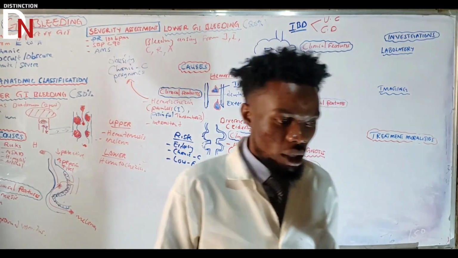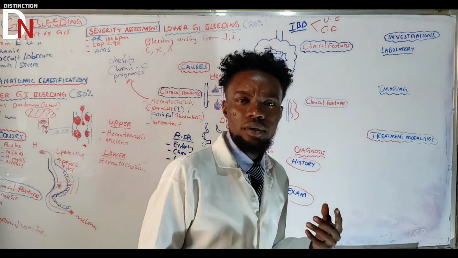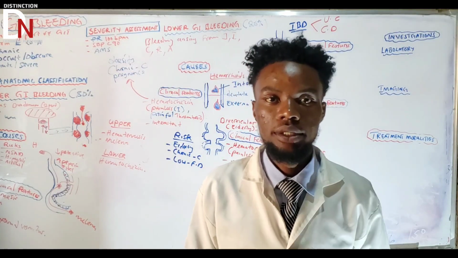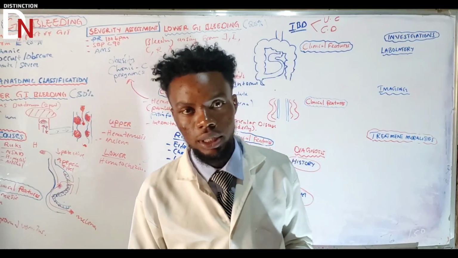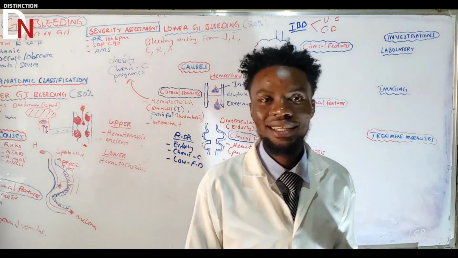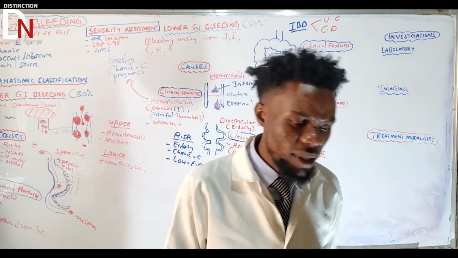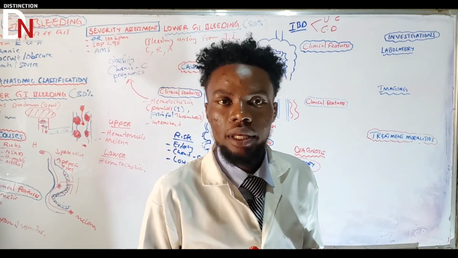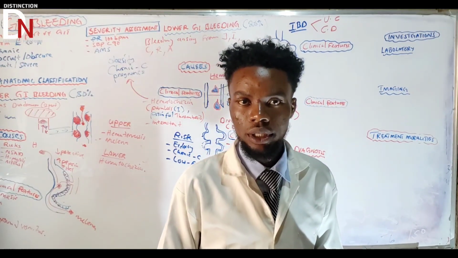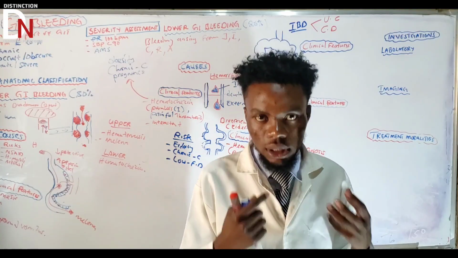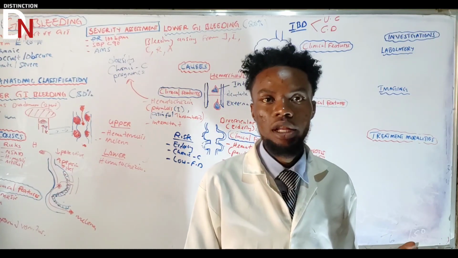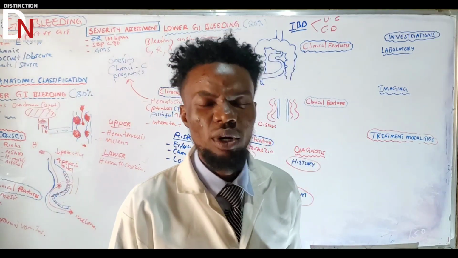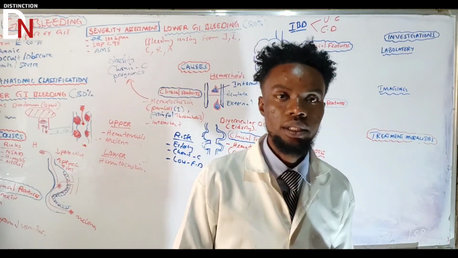Crohn's disease doesn't choose; it can affect the small intestine, and it can affect any part of the GI tract. It is most common in the distal ileum or the right colon, but it can affect any part, and it causes deep ulcers.